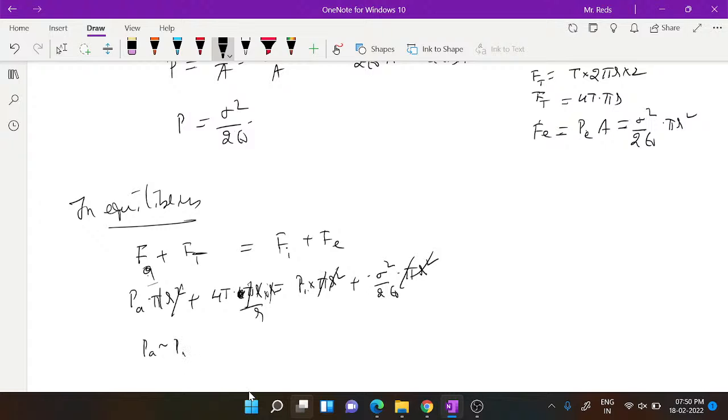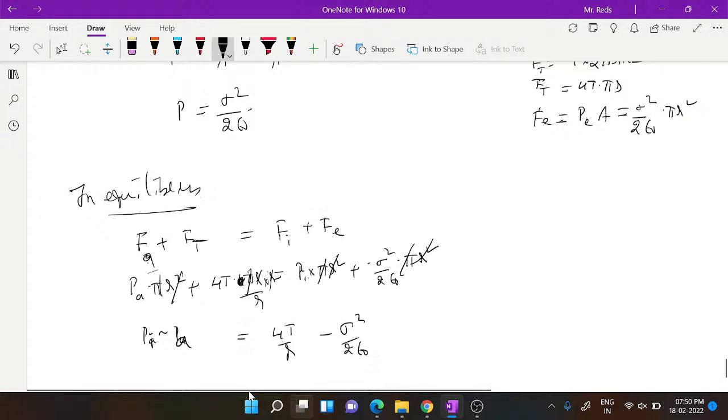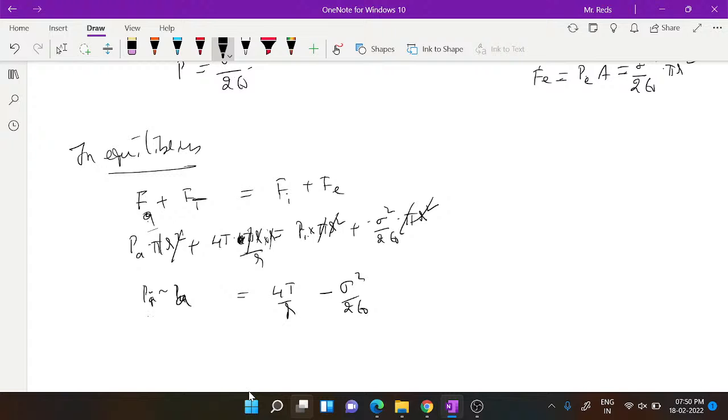Bring it here, then you can write this is equal to. Or you can say the excess pressure inside will be more, I can say Pi minus atmospheric pressure. Bring it here and send this to that side, then it becomes 4T by R minus sigma square by 2 epsilon naught. The other terms got cancelled. Now this is the excess pressure, given as P. P is equal to 4T by R minus sigma square by 2 epsilon naught.